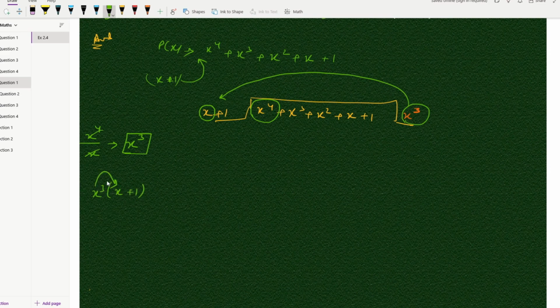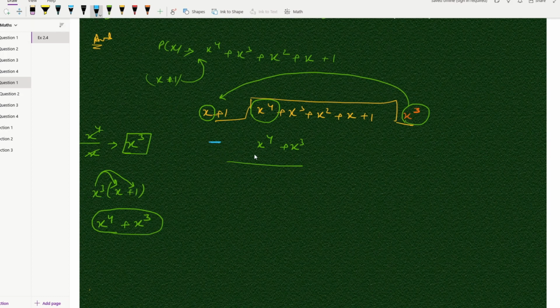So यहाँ पर ऐसे मल्टीप्लाई कर देते हैं. It will be x cube into x will be x की पावर 4 plus x cube into 1 will be x cube. So यहाँ पर लिख देंगे x की पावर 4 plus x cube. Now we will subtract them.